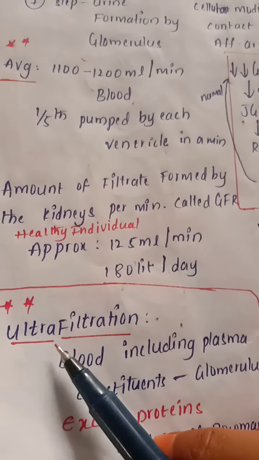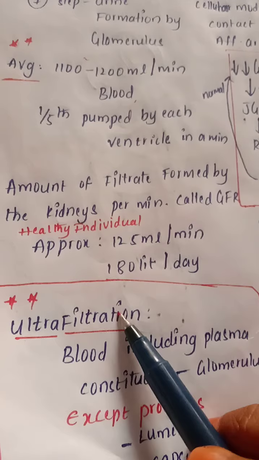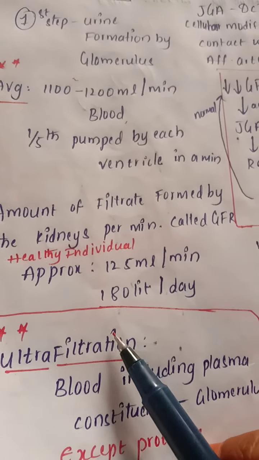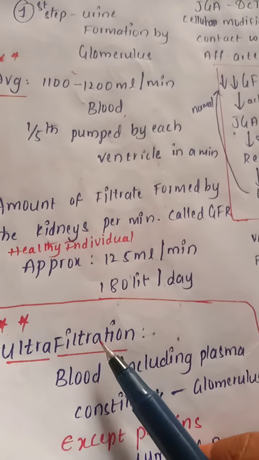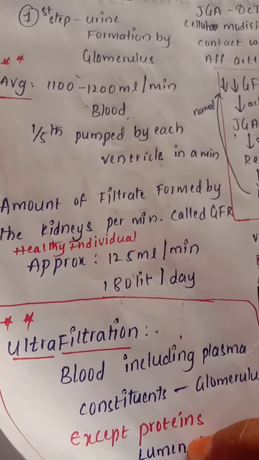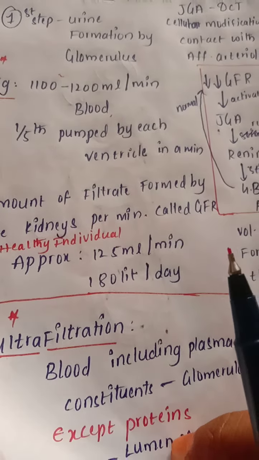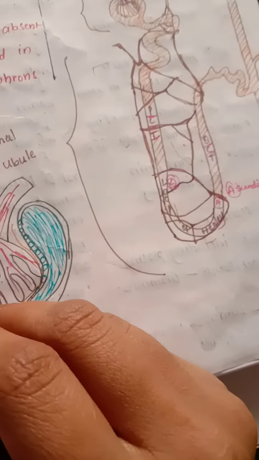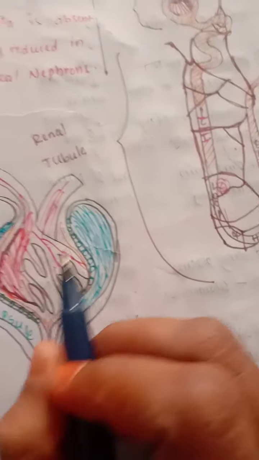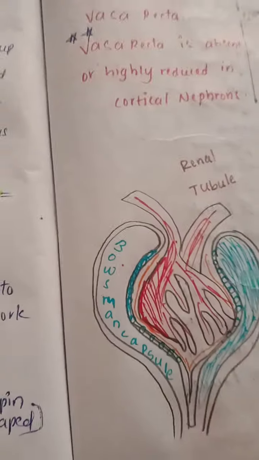Now, what do you mean by ultrafiltration? I already mentioned that the blood is filtered by three different layers of the renal corpuscles.